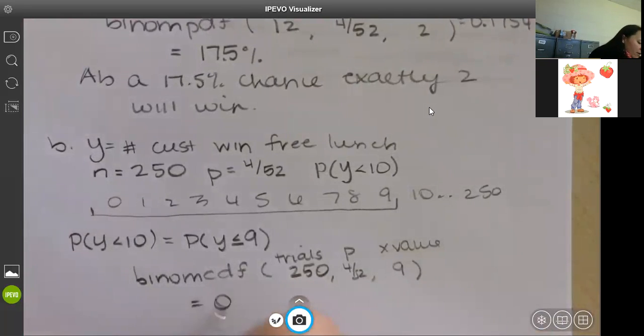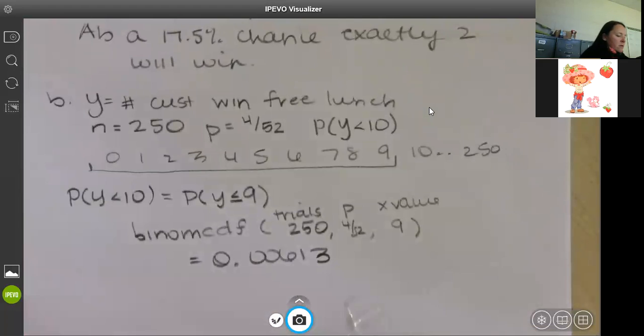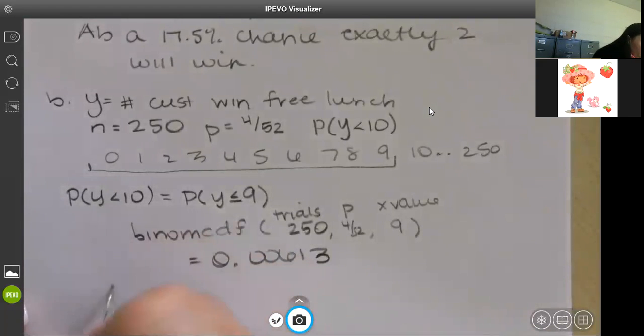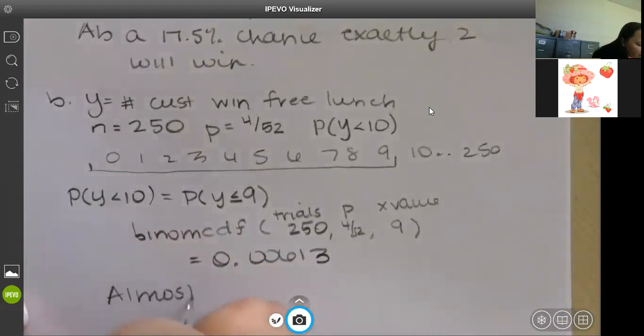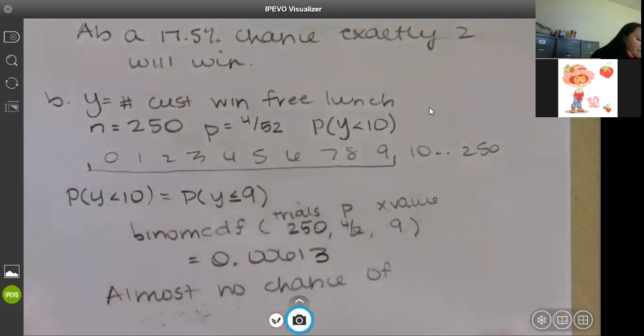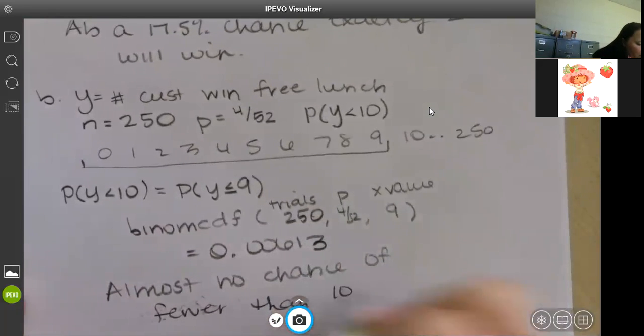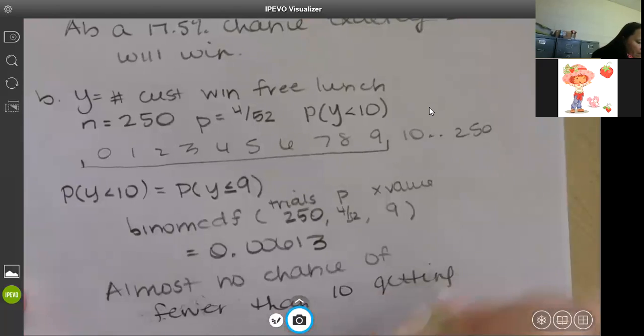When you put that in your calculator, you get 0.00613. What are the chances that fewer than 10 will receive a free lunch? About 0.6%. So almost no chance of fewer than 10 getting a free lunch.